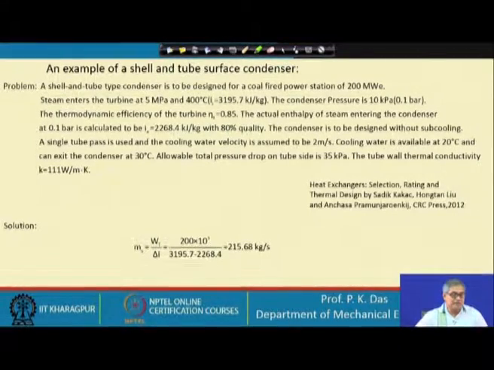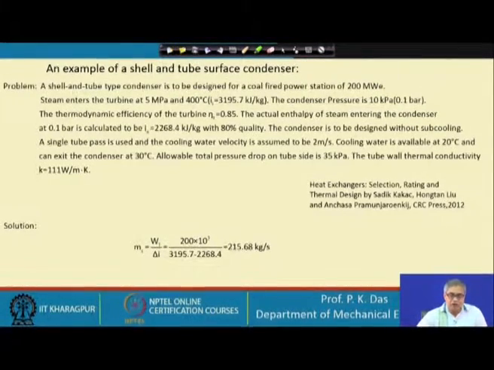So, steam enters the turbine and comes out at 0.1 bar. The thermodynamic efficiency of the turbine is 0.85. This is the isentropic efficiency. The actual enthalpy of steam entering the condenser at 0.1 bar is calculated like this. Since the isentropic efficiency is given, we know the actual enthalpy of the steam leaving the turbine.